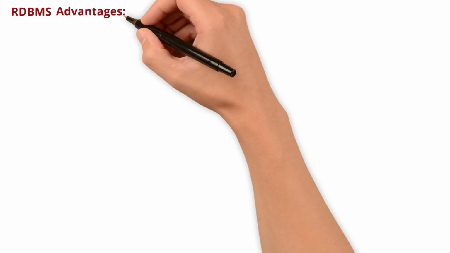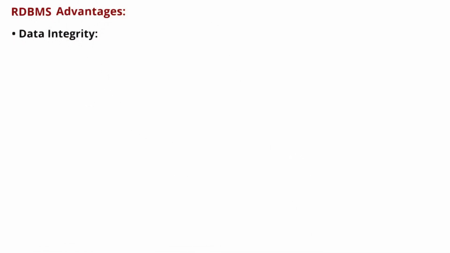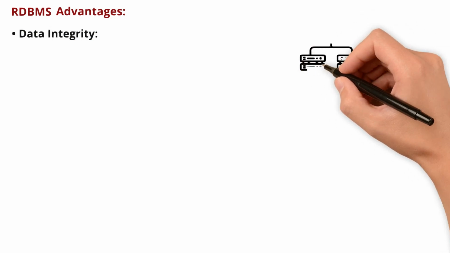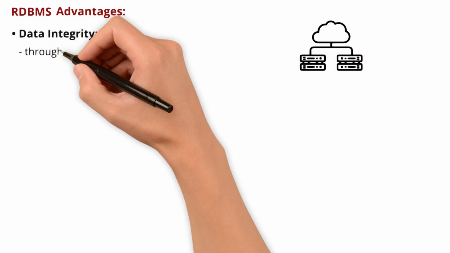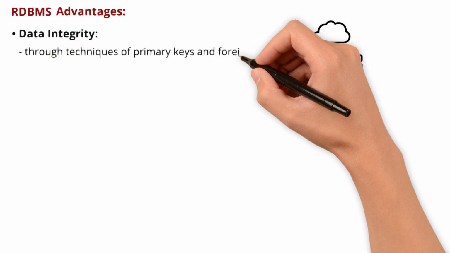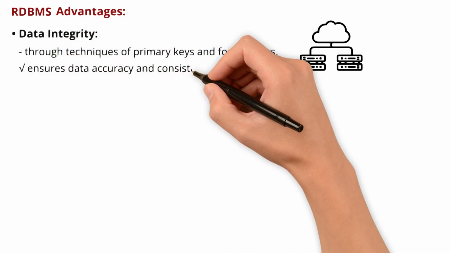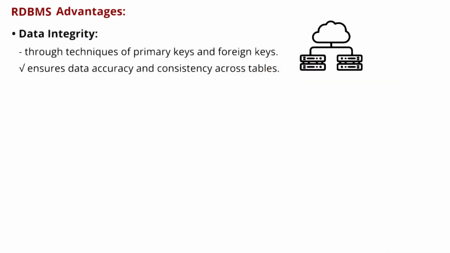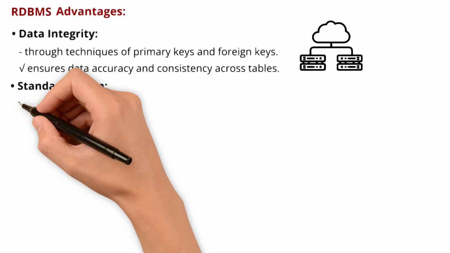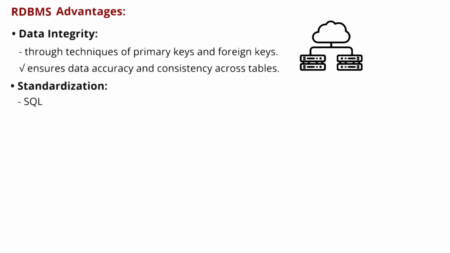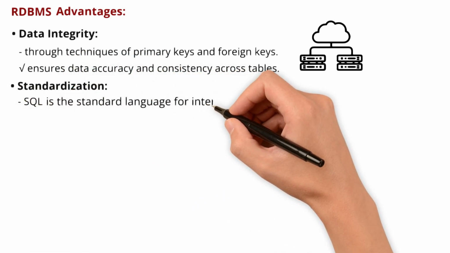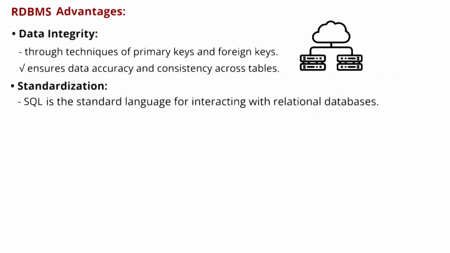Talking about advantages, data integrity. Relational databases enforce data integrity through techniques of primary keys and foreign keys. This ensures data accuracy and consistency across tables. Standardization. Structured query language (SQL) is the standard language for interacting with relational databases.